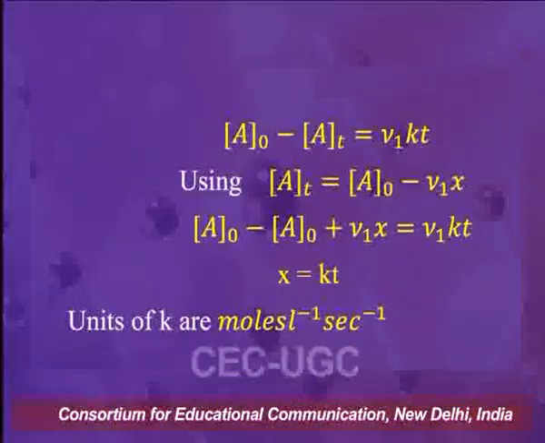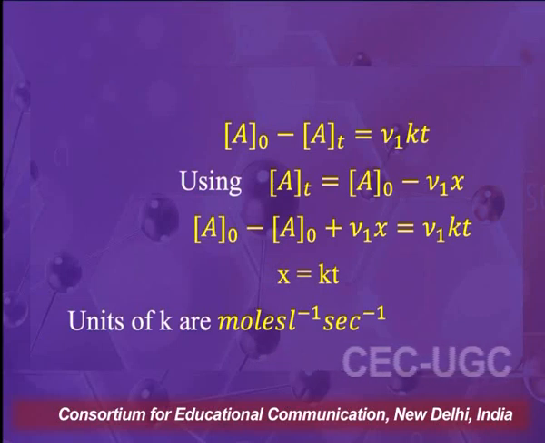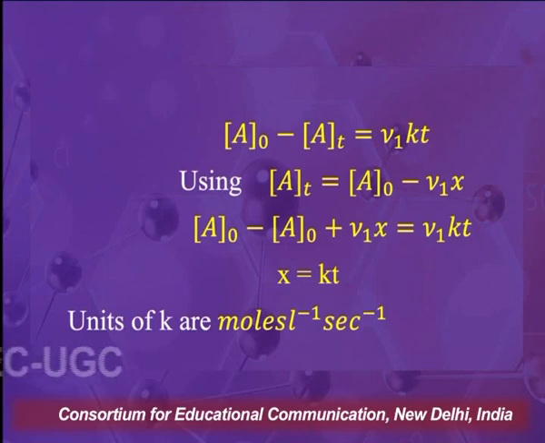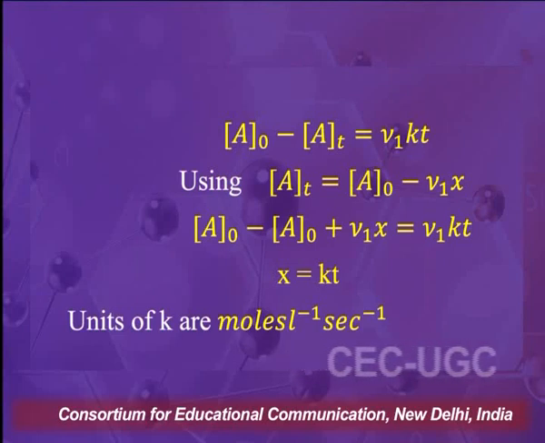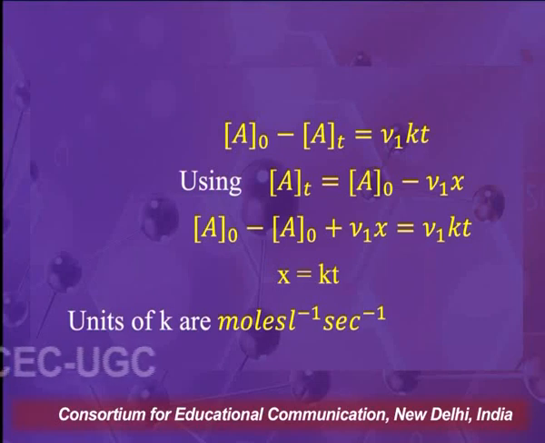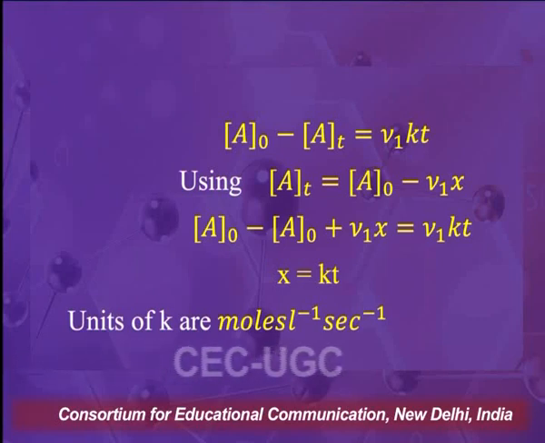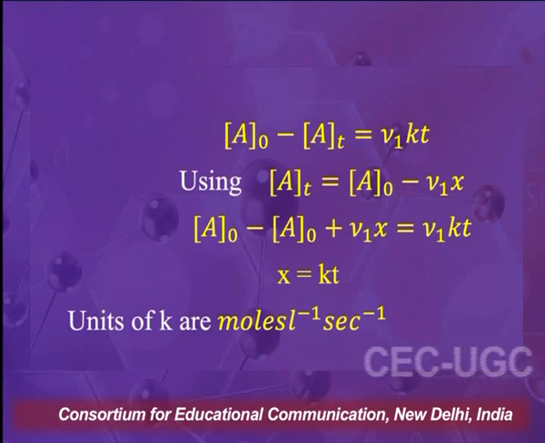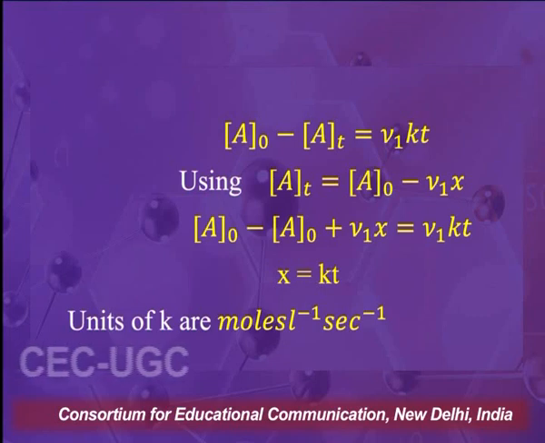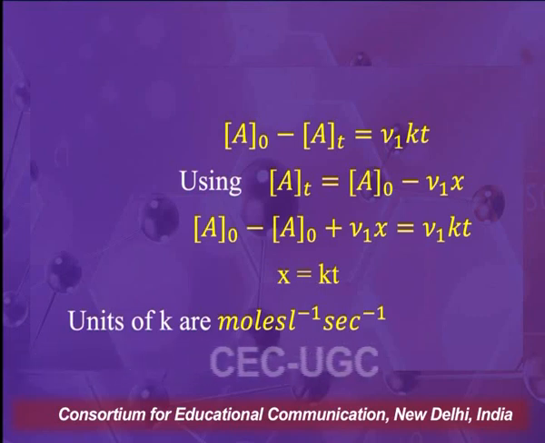A naught minus At is equal to nu 1 k into t, and we know At is equal to A naught minus nu 1 x. So, we can substitute the value of At as A naught minus nu 1 x. We get x is equal to kt as the integrated rate equation of a zero order reaction. Units of k are moles per liter per second.